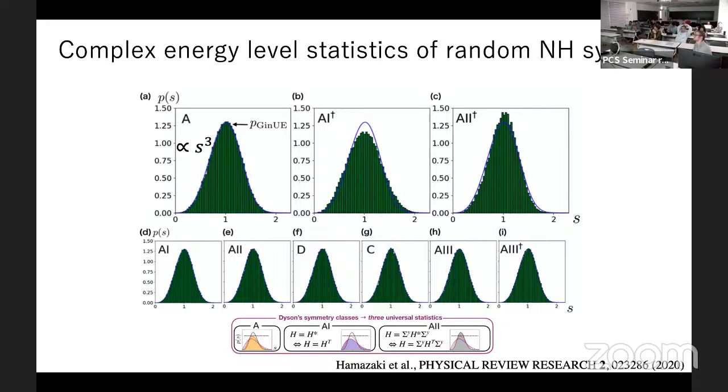And I want to distinguish them. This is a kind of superuniversality, but it is too super, I have to say, in that we can't distinguish the different symmetry classes.